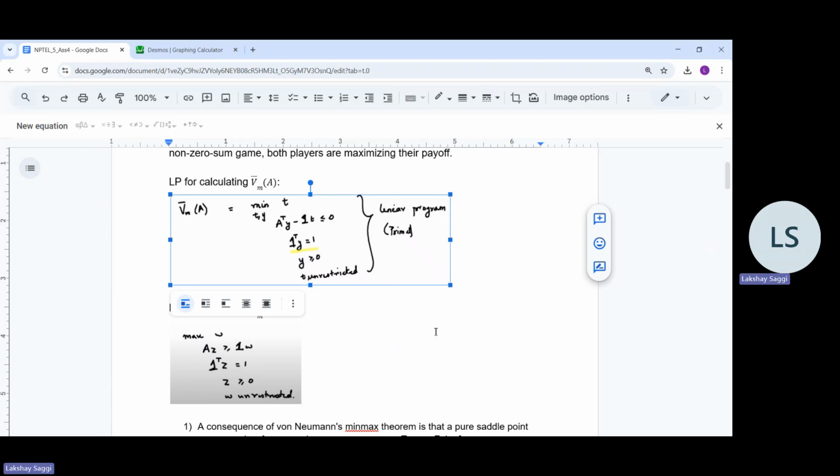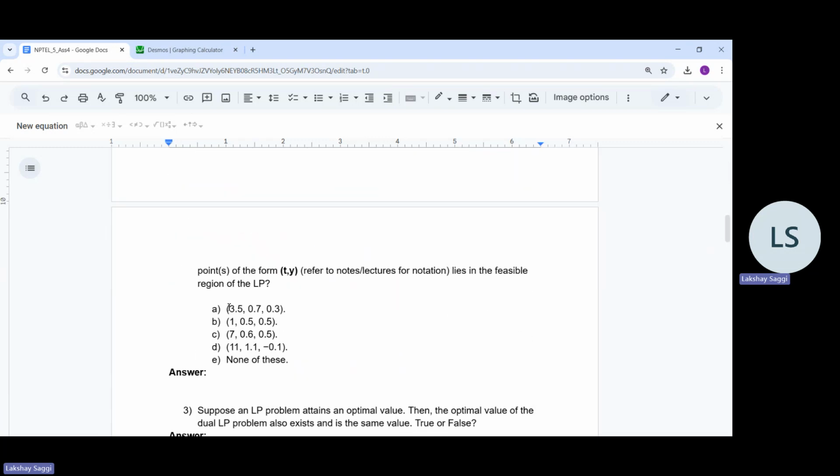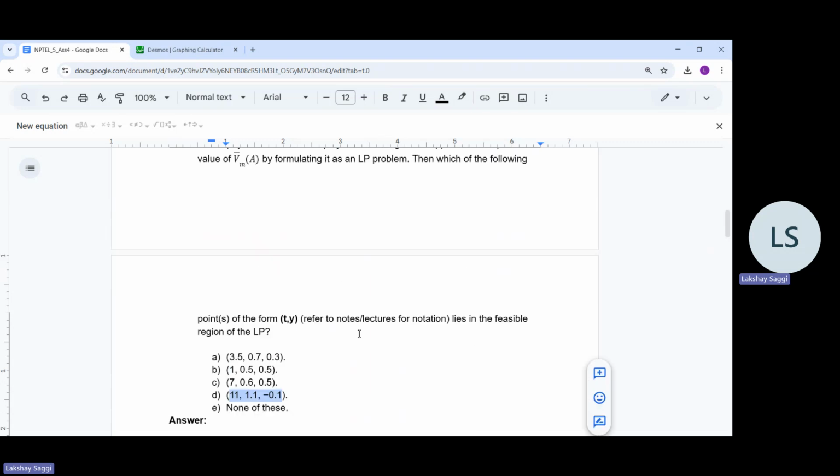The question gives us some points, these 4 points. It does not ask about any optimal value. The question asks which of the following points lies in the feasible region of the LP.